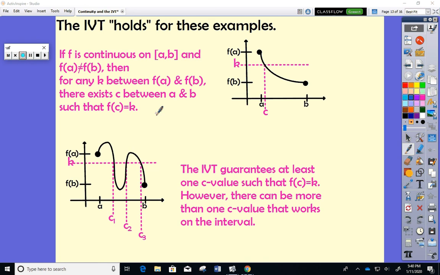So if f is continuous on a closed interval [a, b], and if f of a does not equal f of b, keep in mind what I've just said.